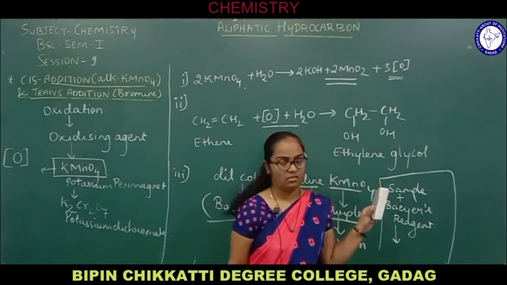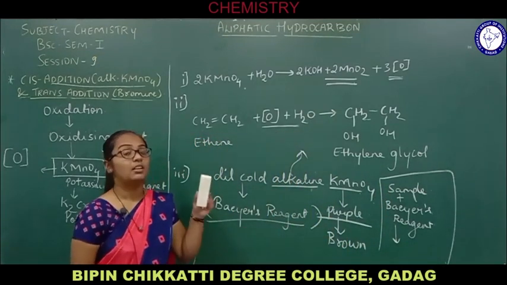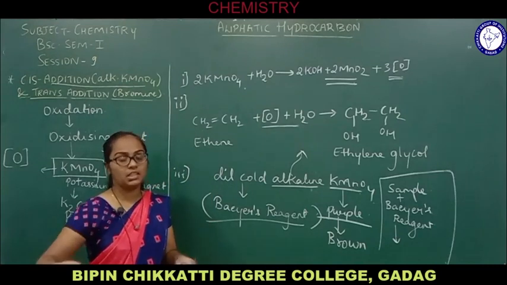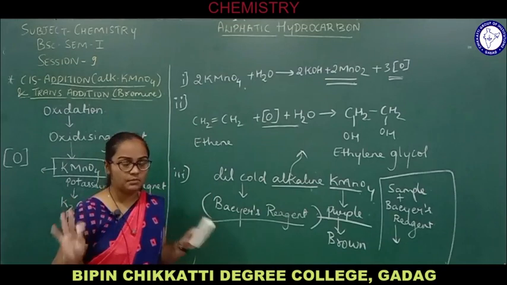Okay, so this is the Baeyer's test, which predicts whether the particular sample contains unsaturated carbon atoms or not.